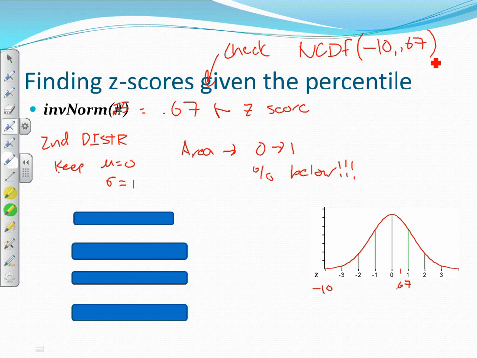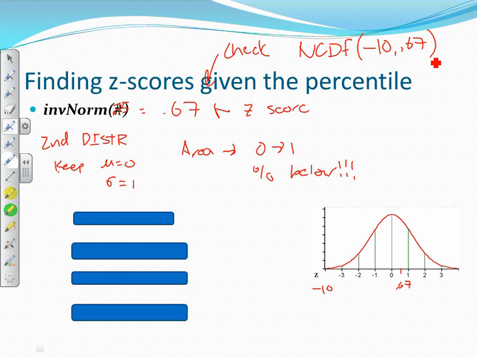Check. Go from -10 to 0.67, you should see 75%. Okay? Just about 75%.